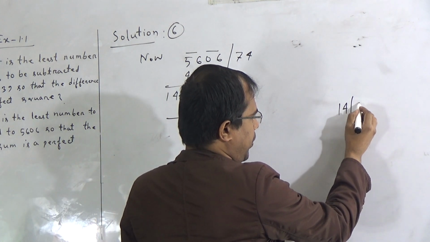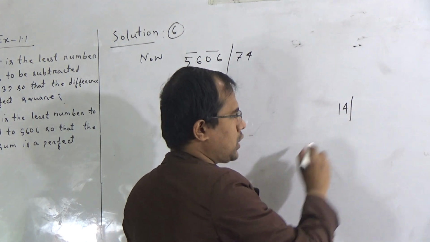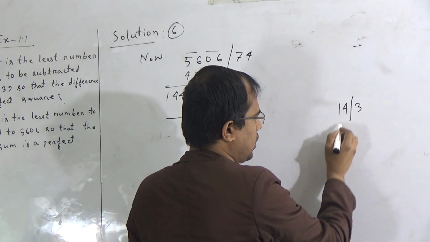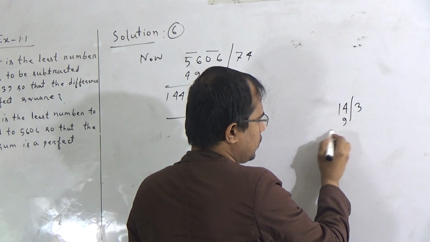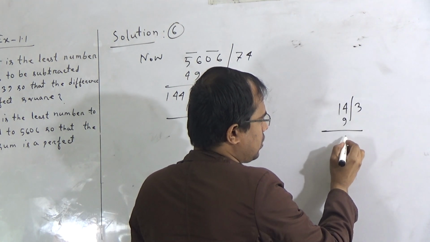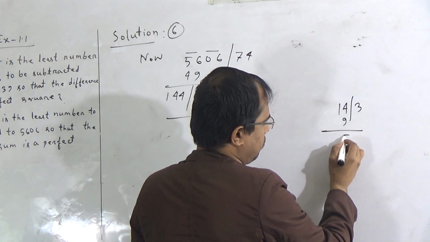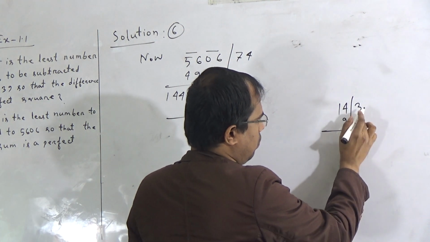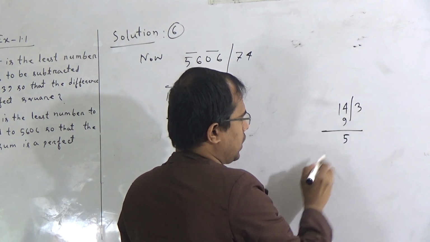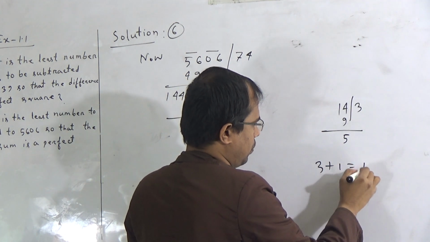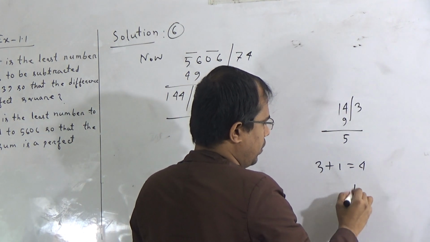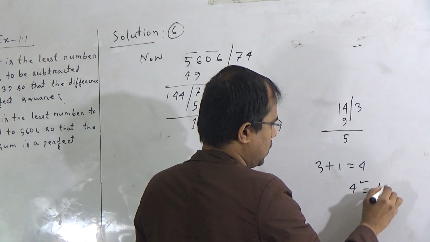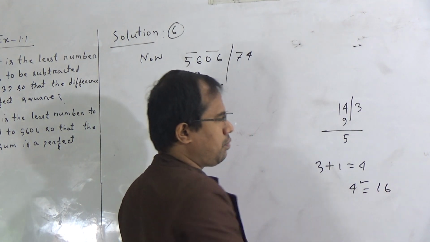Here if we take 4, then 4 4s are 16, which is greater, so we have to take 3. 3 3s are 9. If we subtract, then it will be 5. Now we have got here 3, and 3 plus 1 equal to 4, and square of 4 equal to 16, which is a perfect square number.